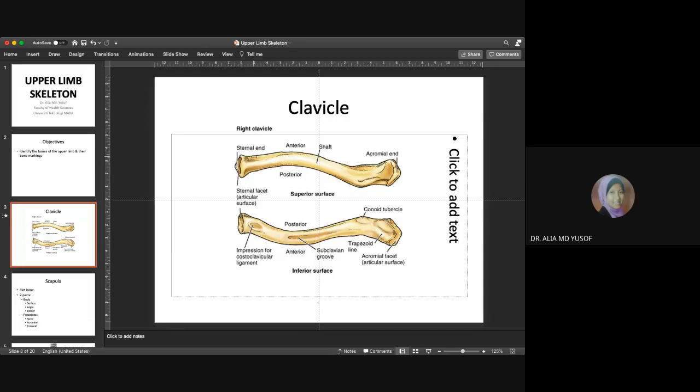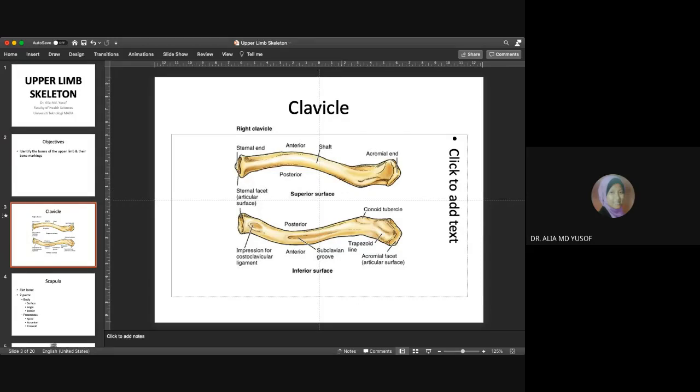Okay, clavicle anterior surface is smooth. Posterior surface has many grooves and impressions for muscle origin and insertion as well as for impressions of major blood vessels. Okay, major blood vessels. The clavicle has a weak point.